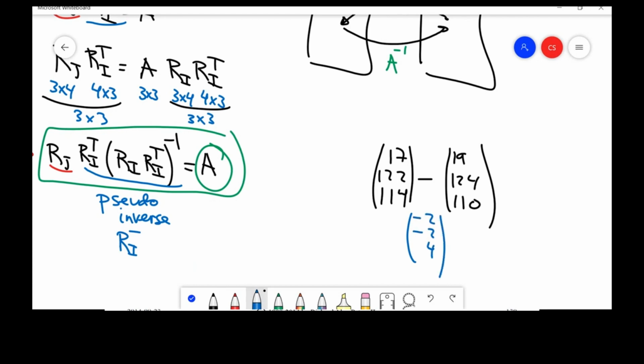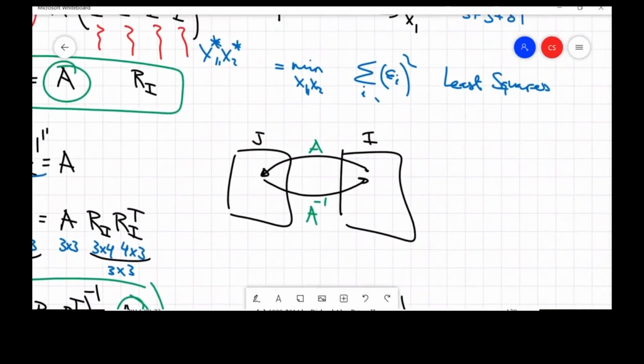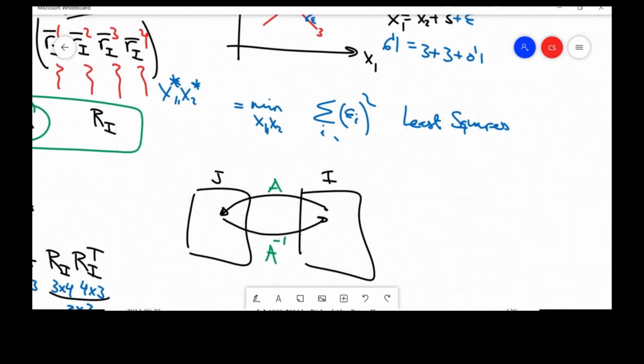Because we are not dealing now with numbers, we are dealing with vectors, I will have an error that is not a single number, it is a vector. And now I have to reduce this vector to a number. So what is a sensible transformation?